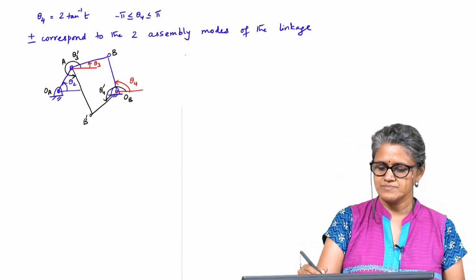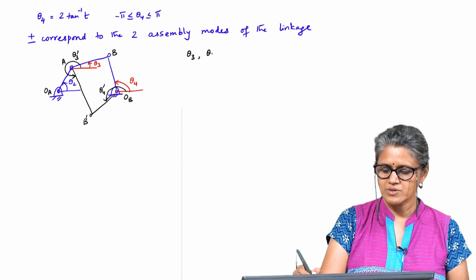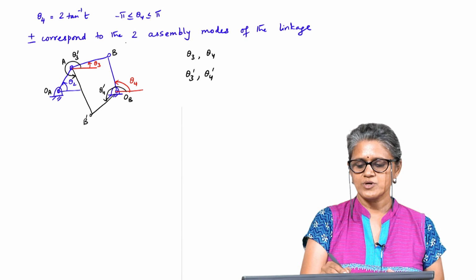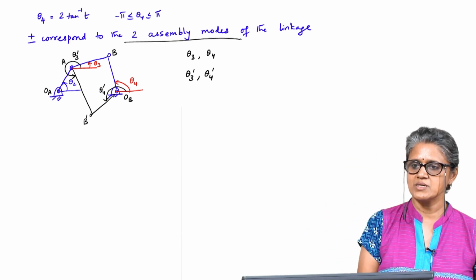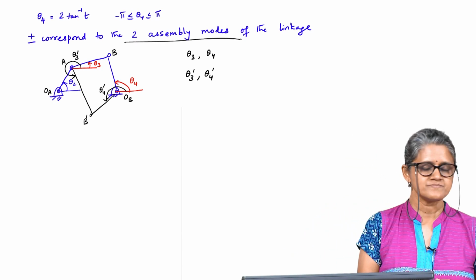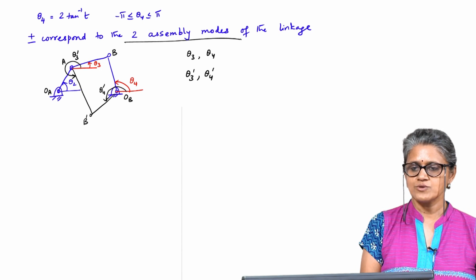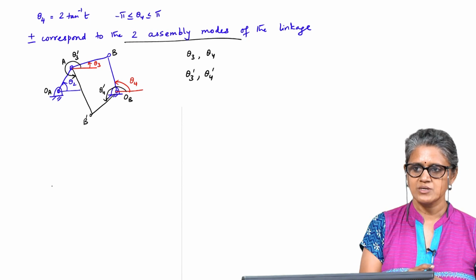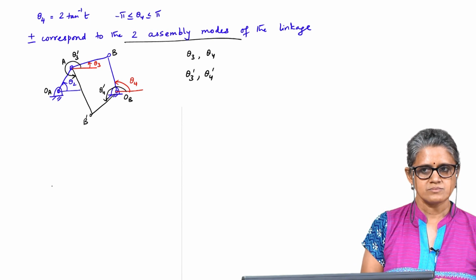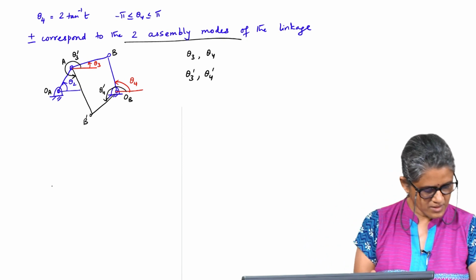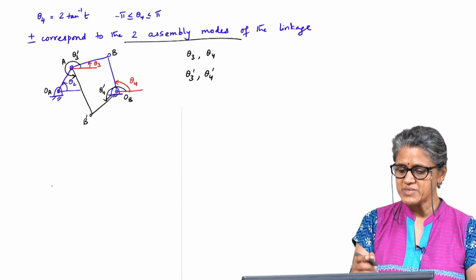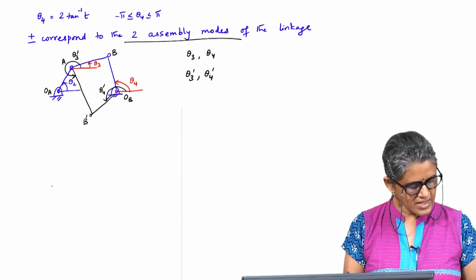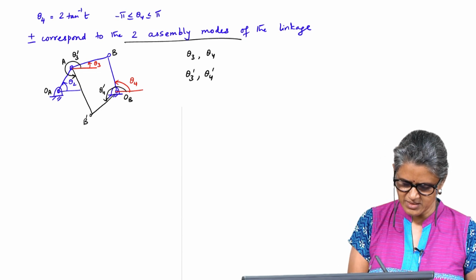So, you will get a theta 3, theta 4 and a theta 3 dash, theta 4 dash corresponding to the two assembly modes of the linkage. This is how you do the displacement analysis using the loop closure equation, which you may have seen before.